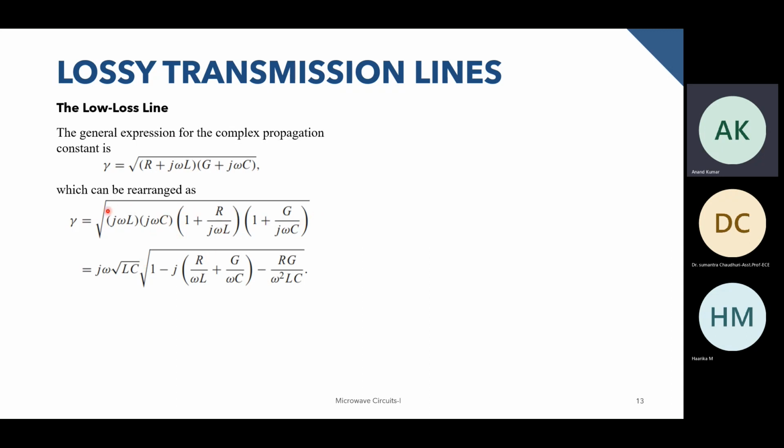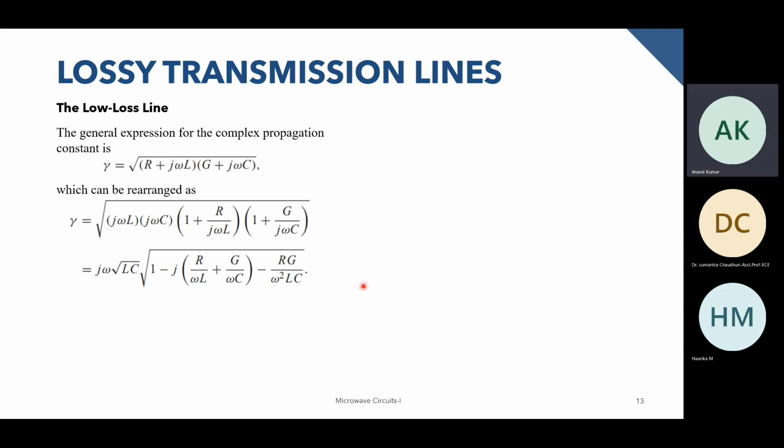Now we can take j omega out of the square root and write this term as root under LC. So this term becomes familiar to us. This is beta, the propagation constant for the lossless case. And now we are left with this particular term over here.